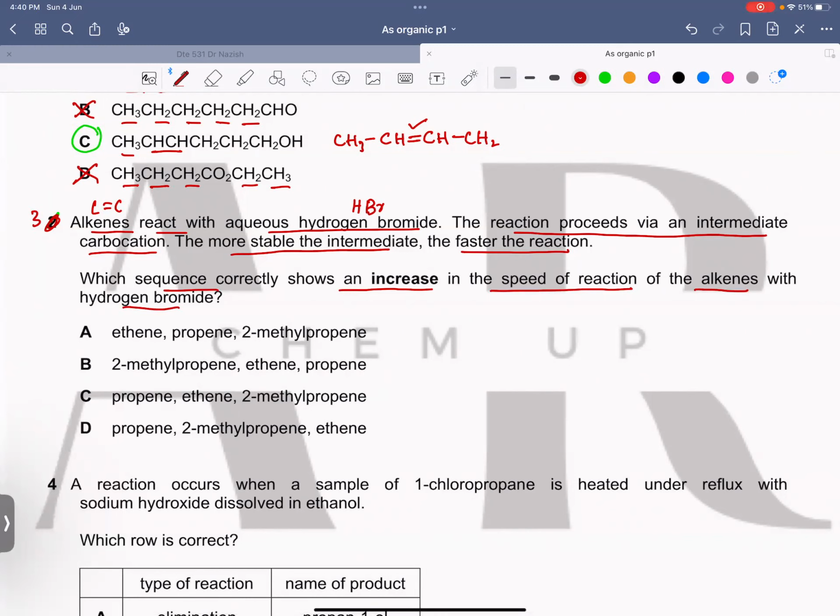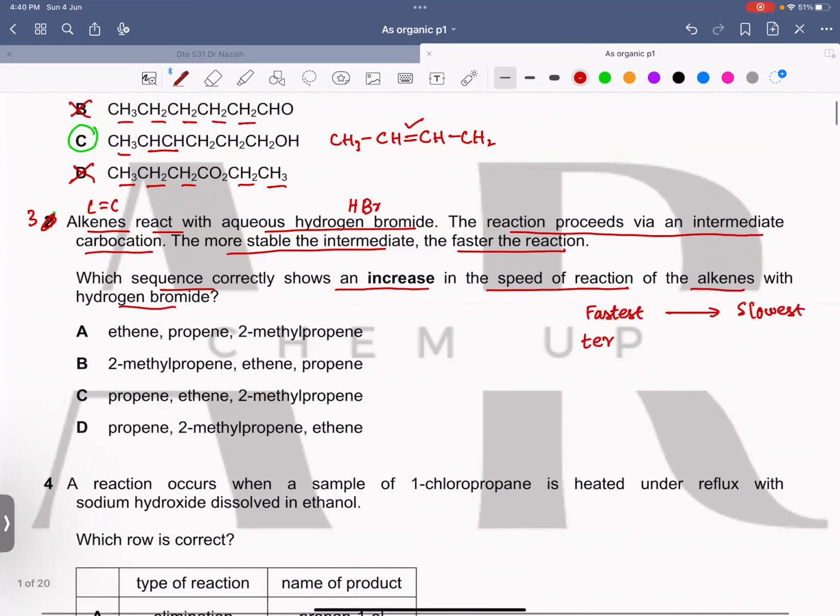So if I make the order from fastest, I can consider tertiary is the fastest. Tertiary would go on this reaction fastest. Secondary would go with the intermediate rate or a moderate rate, and slowest, the primary carbocation would undergo this reaction with the slowest rate. Is this understandable to everyone?